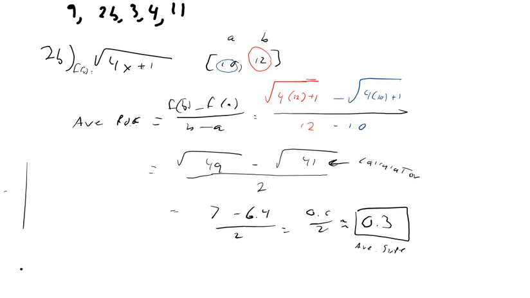If we look at the graph, it's going to look something like this. And if you look from 10 to 12, the average rate of change from this point to this point, the slope of that line, is going to be about 0.3, which you could say is about 1/3.